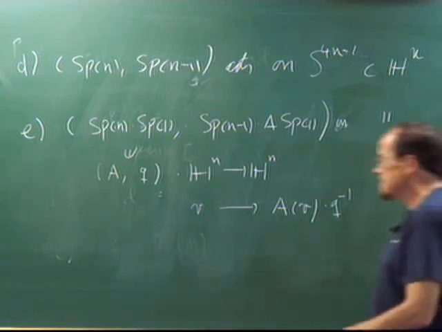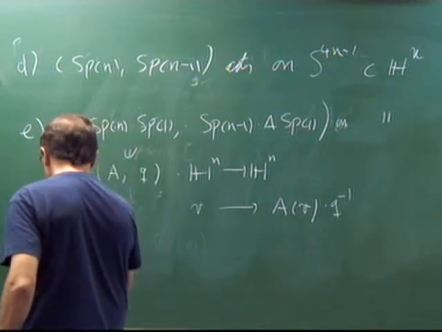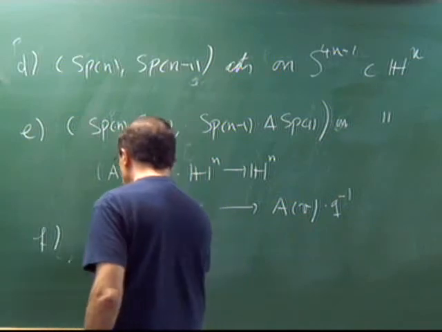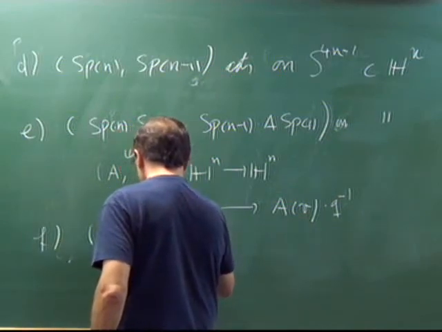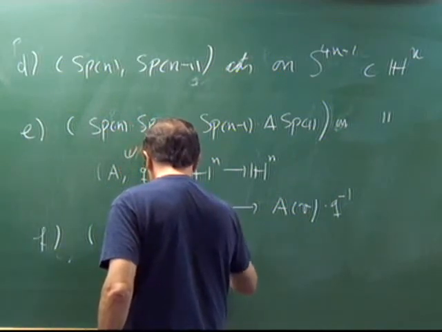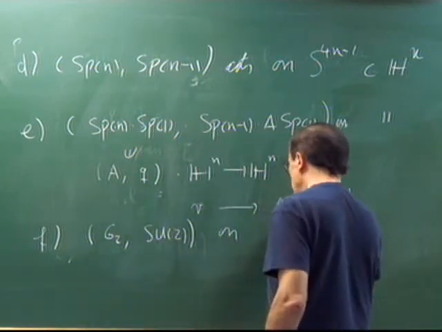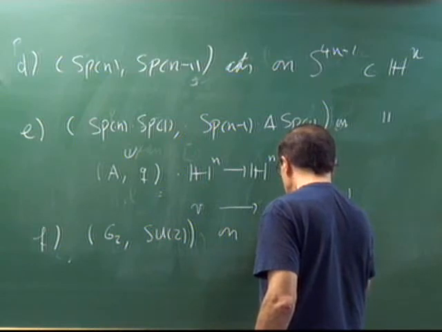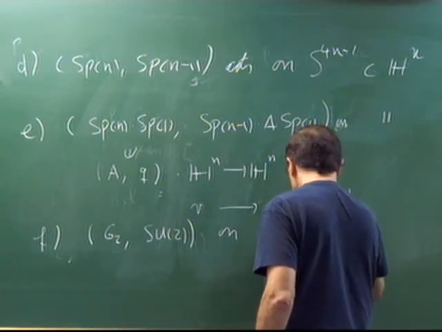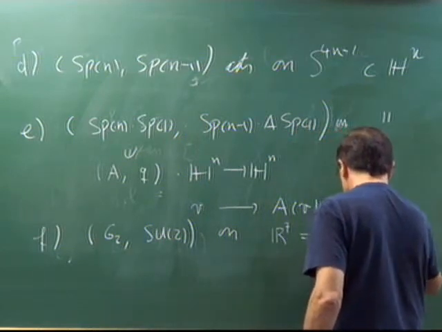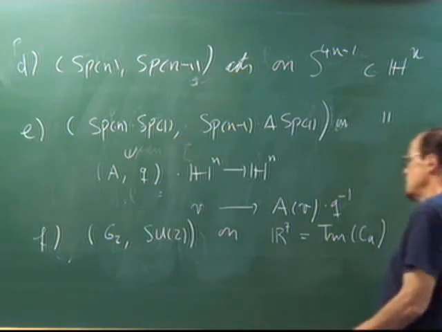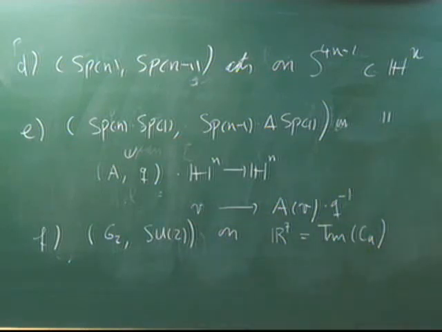So these are from the classical Lie groups, and now there are three more. G2 over SU(2), acting on R^7, which we wrote as imaginary Cayley numbers. So G2 was the automorphisms of the Cayley numbers.